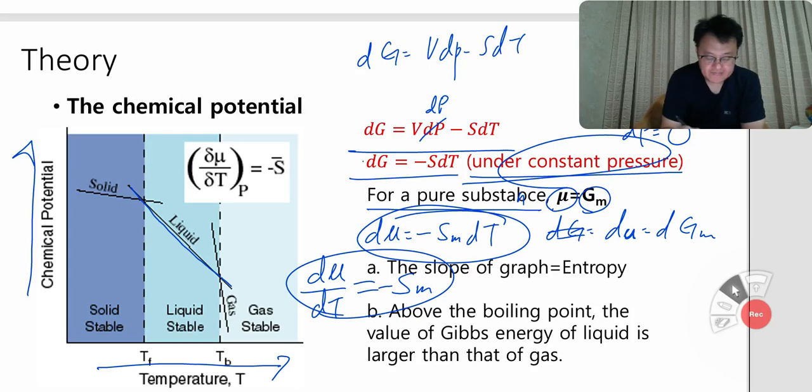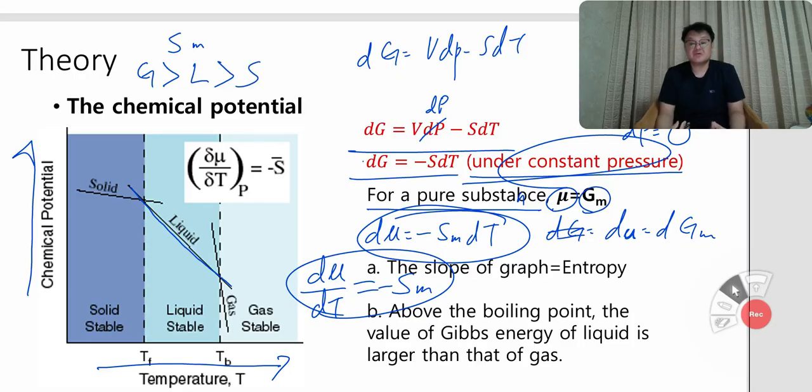So regarding the molar entropy, we know that gas shows the highest entropy, the next highest is liquid, okay, and then solid shows the lowest entropy, right? So you can see for the gas phase, this curve is really steep.